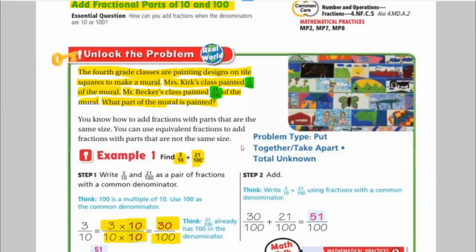So 100 plus 100, we can't add the denominators, so we put the denominator as the same, and then we add the numerators. So 30 plus 21 equals 51, right? So that's it. Just make the two denominators the same and then add as usual.